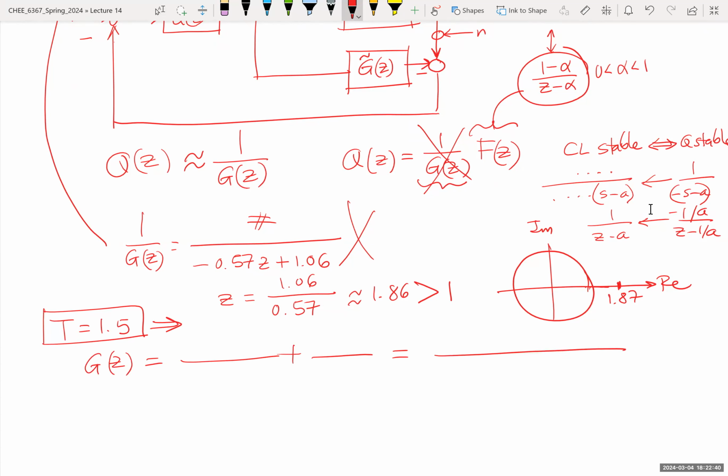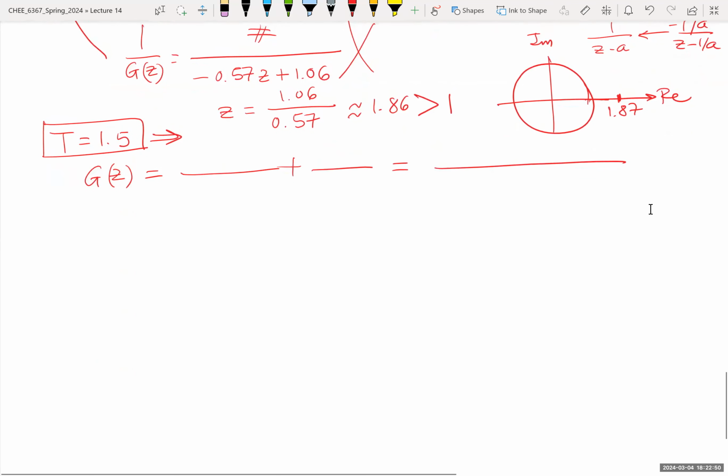And then we're going to construct Q, which is going to be 1 over G of Z times F of, let me write it further down. So Q of Z is going to be 1 over G of Z, F of Z. And then we'll try to simulate that or try to understand what that means for our discrete time system. Okay, let's execute the plan.